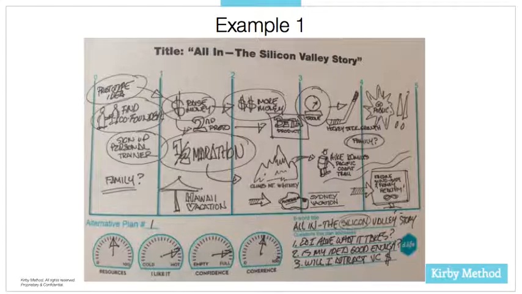And this first example is called All In, the Silicon Valley Story. So this is life number one. And it's all about a first Silicon Valley style startup: finding a co-founder, raising money, having a beta phase, scaling, going public. You can see some family things in here as well.